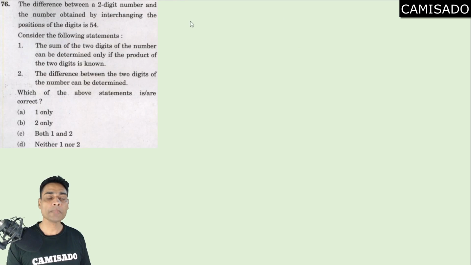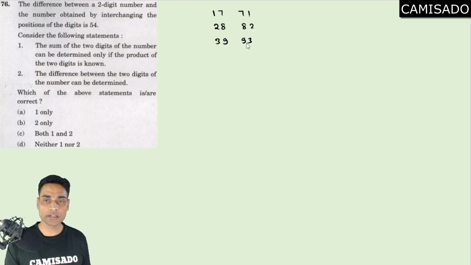Next, the difference between a 2-digit number and the number obtained by interchanging the position of the digits is 54. First of all, 2-digit numbers for which, when we interchange the digits, the difference is 54 are 17 and 71, then 28 and 82, 39 and 93, and last is 60, because when 60 is interchanged you get 6, and 60 minus 6 is 54.